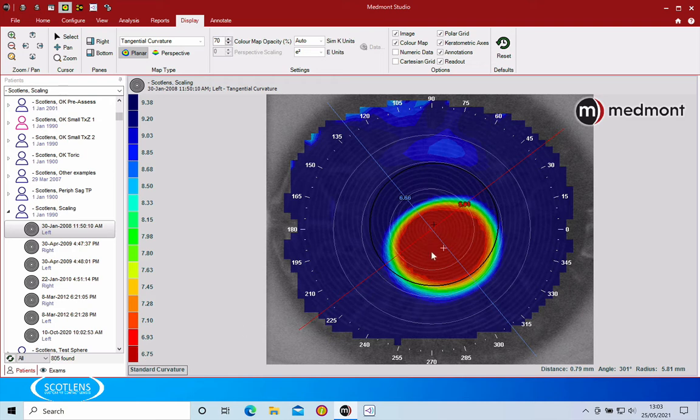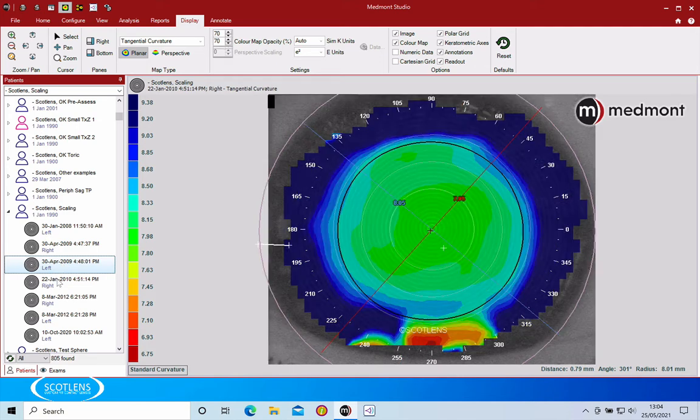So we're losing information about what's going on in the cone in this area. But again, this tangential plot and the standard curvature is how we screen for normal patients. Normal patients should have greenish colours or colours in the middle of the scale in the middle of their eye.